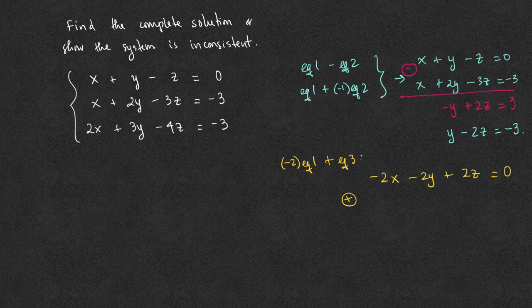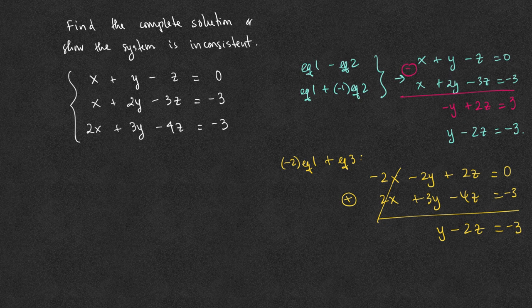And we add this to the third equation, 2x plus 3y minus 4z equals negative 3. Negative 2x plus 2x is gone. Negative 2y plus 3y is positive y. 2z plus negative 4z is negative 2z. And 0 plus negative 3 is negative 3.